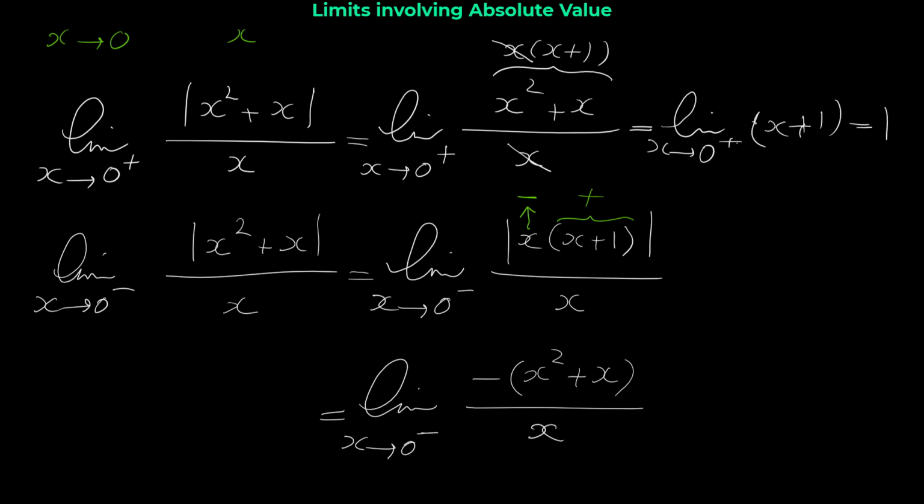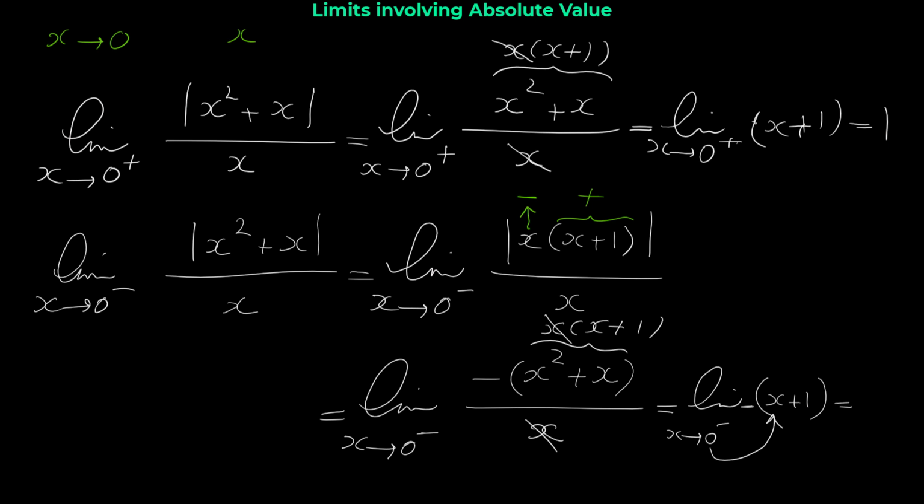So the right limit is 1. For the left side, factoring gives x times x plus 1, x cancels with x, and what remains is negative of x plus 1 as x approaches 0. Substituting 0, 0 plus 1 is 1, but don't forget we have a negative, so negative 1. The left limit and right limit are different.